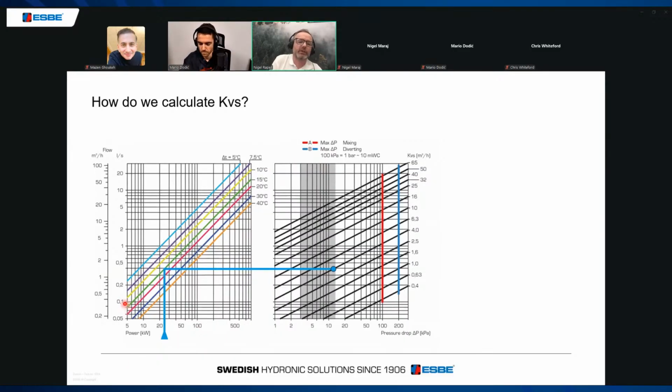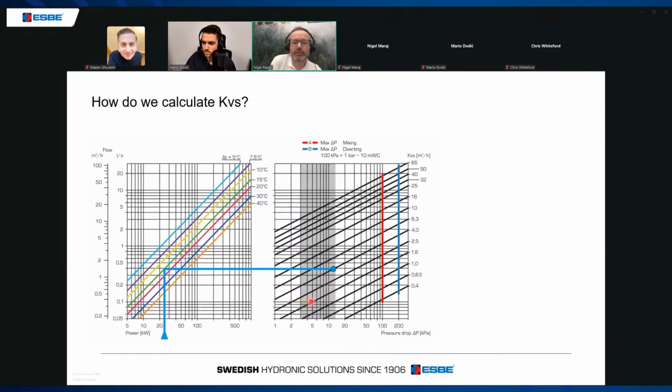So the easy way to look at it is this is the valve and this is your system. On your system, you select the flow rate. So we'll say 0.1 litres a second, and we move along that to the valve. This grey area is where we need the valve to be operating.